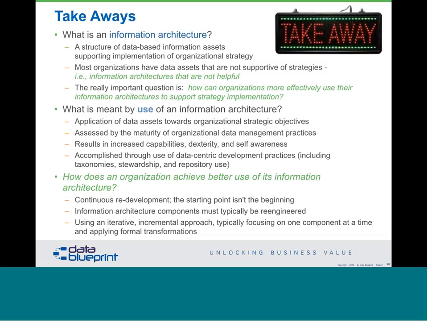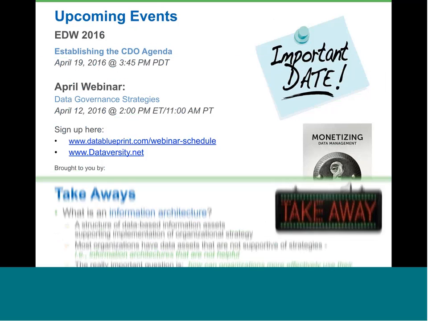These information architectural components must be re-engineered using a formal, iterative, incremental approach, focusing on some subset. I like to say one component at a time, and applying a series of formal transformations in order to get us to the new organizational design that we'd like to have.